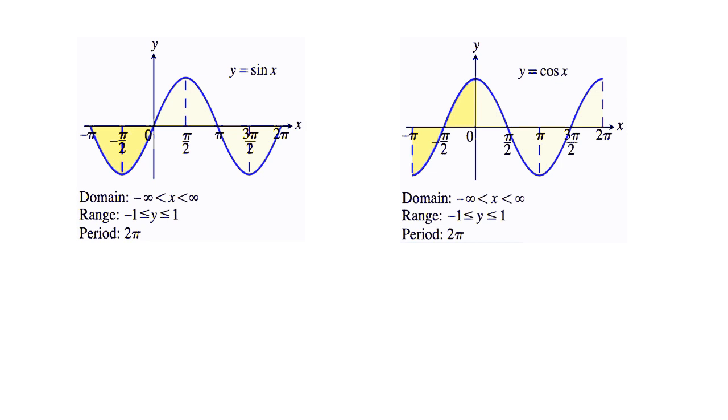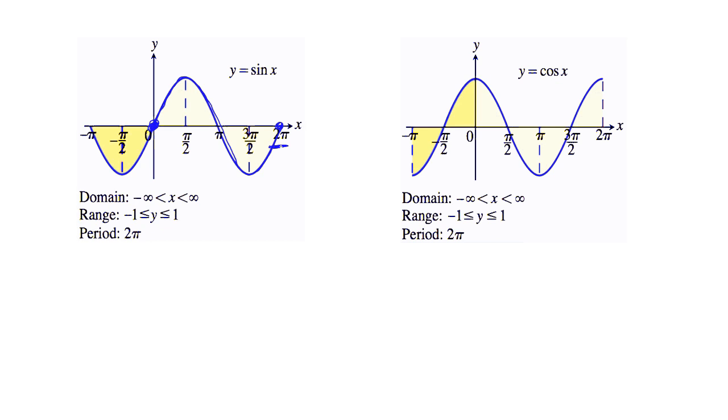And the period of this graph is 2 pi, meaning that it takes 2 pi radians for the graph to complete a full cycle. So if we were to trace the graph from 0, 0 and go through all of the range values and back to 0, 0, we can see that it takes 2 pi radians for that to happen.